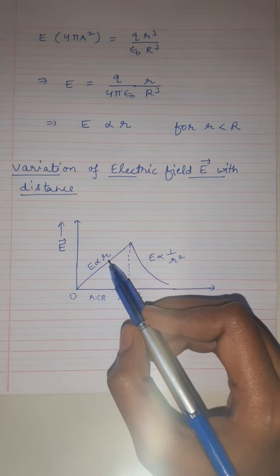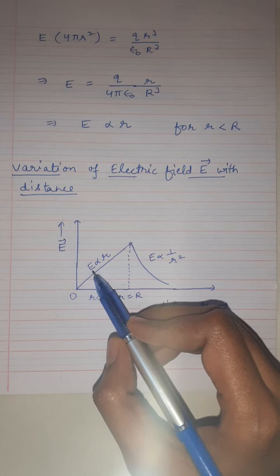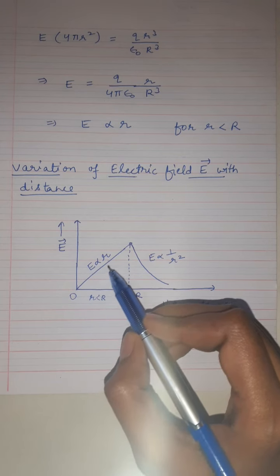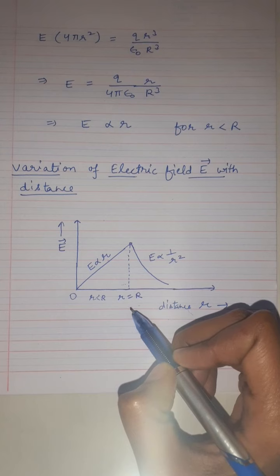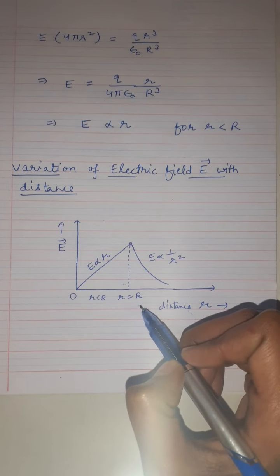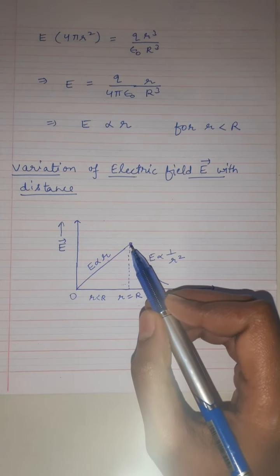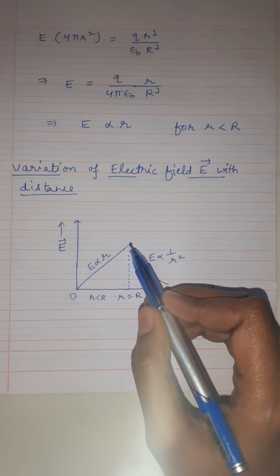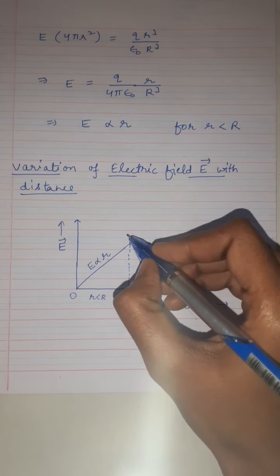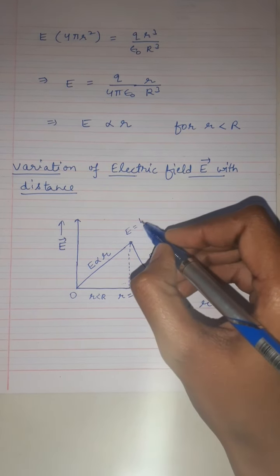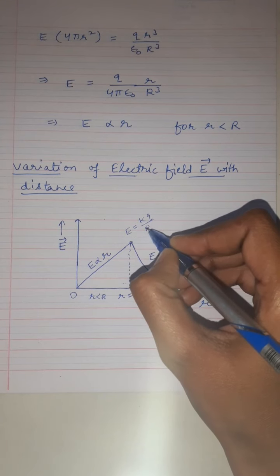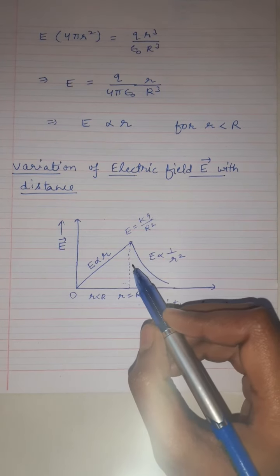If the distance is increasing, the electric field will also increase, up to r equal to capital R. At the surface of the sphere, the electric field will be maximum, equal to kQ upon capital R square.